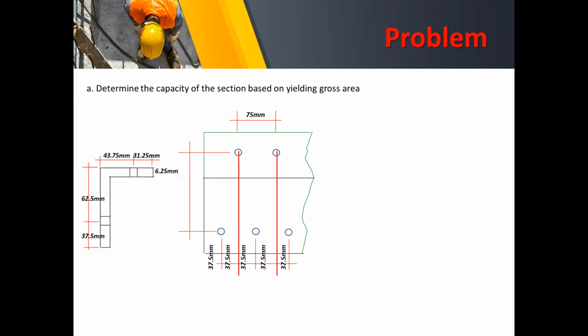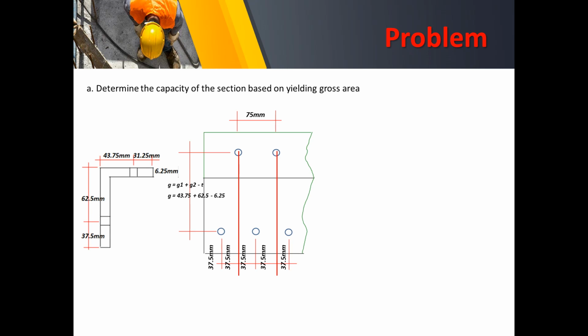Of course, we are familiar with this formula: G1 plus G2 minus the thickness. So the gauge distance is equal to, from the edge to the center of the bolt on the top leg, 43.75. On the lower leg, we have 62.5.